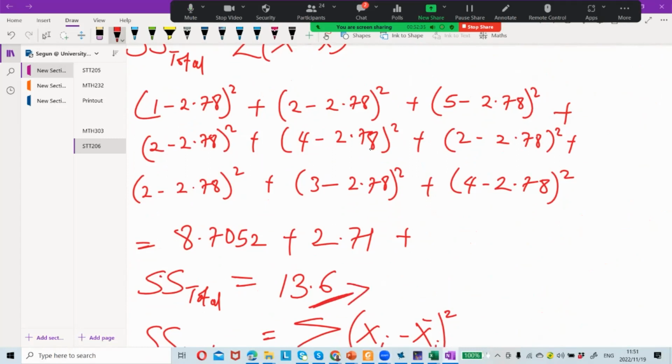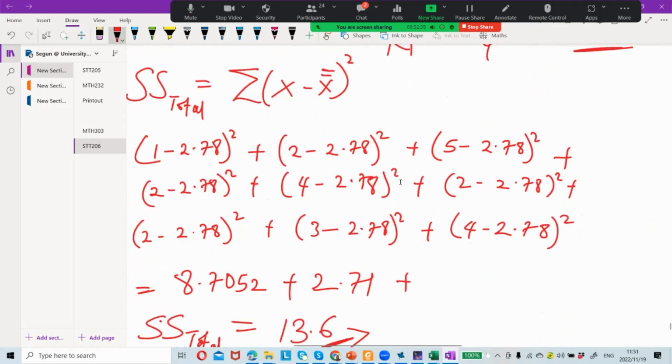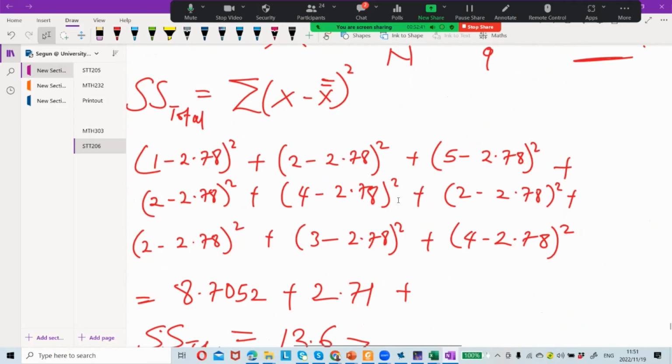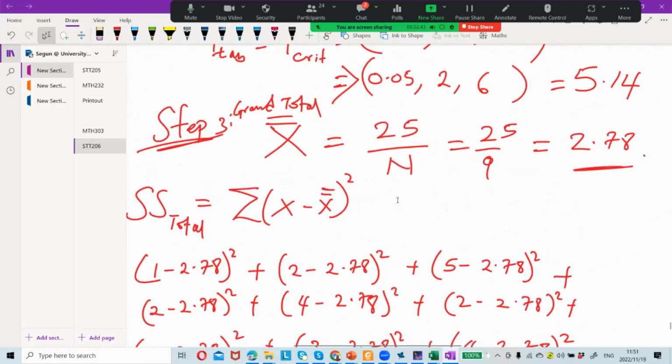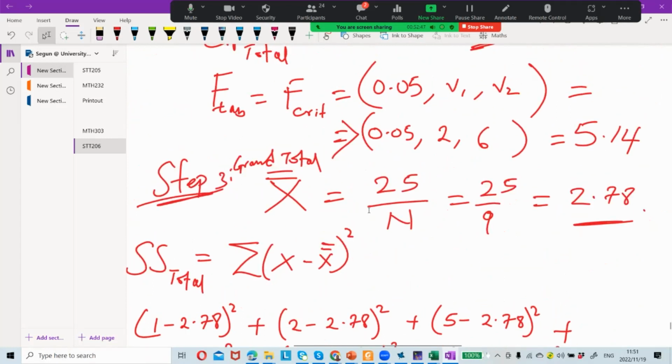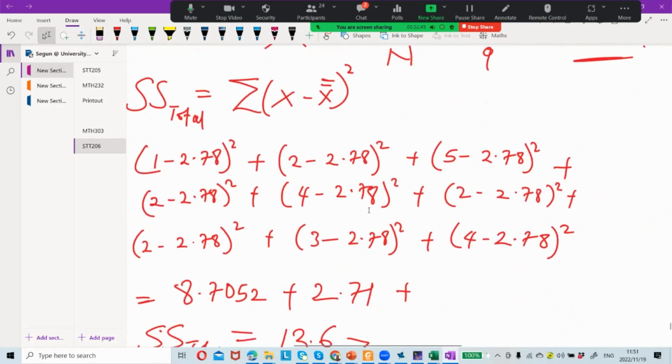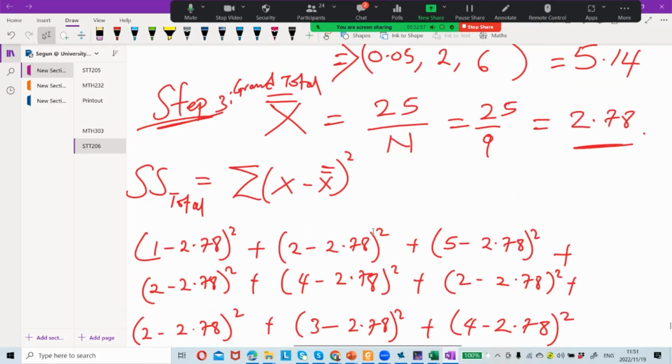Honestly, I didn't understand this one, sir. It is very simple. Because if you don't understand this one, you cannot solve the problem. Go back to the problem. Look at the analysis. Sum of square total.